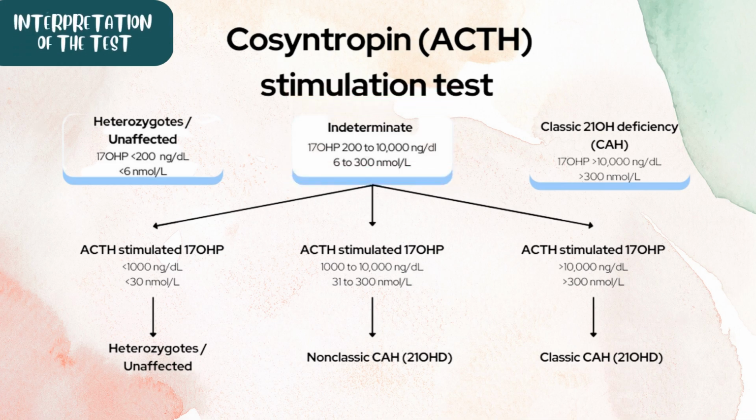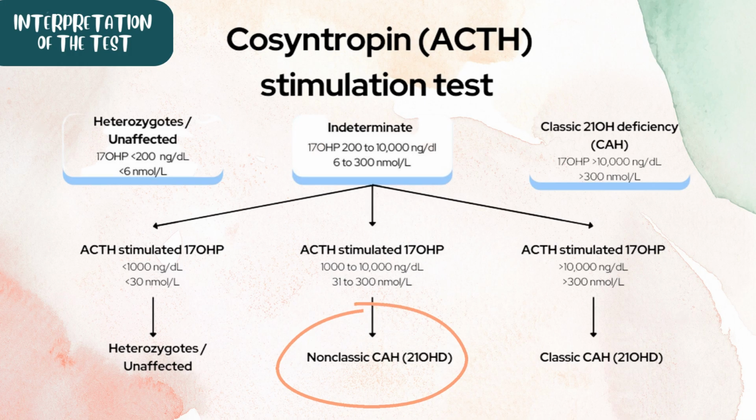How is the ACTH stimulation test interpreted in the evaluation of nonclassic congenital adrenal hyperplasia? If the 17-hydroxyprogesterone level at 60 minutes falls between 1,000 to 10,000 nanograms per deciliter, this suggests nonclassic CAH.